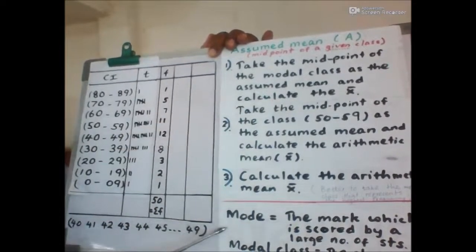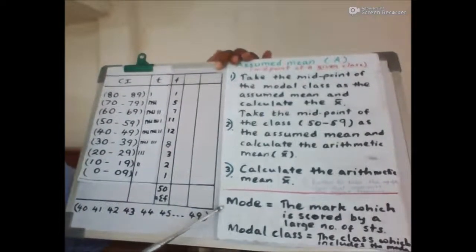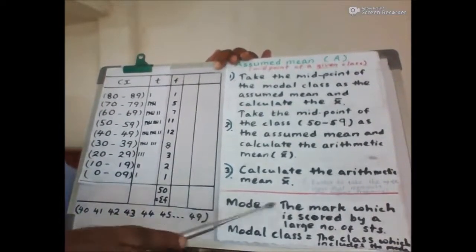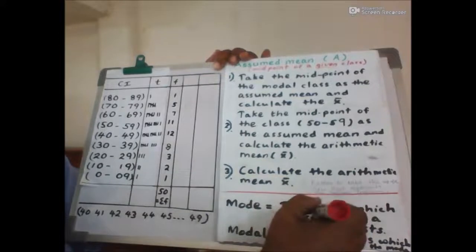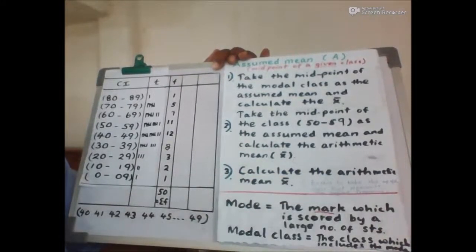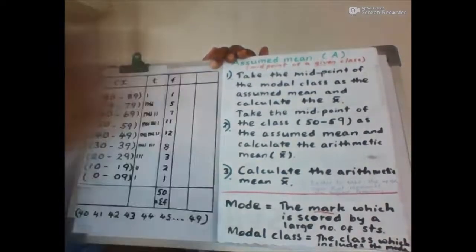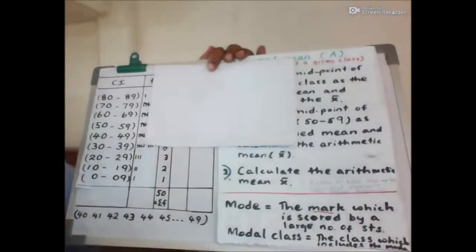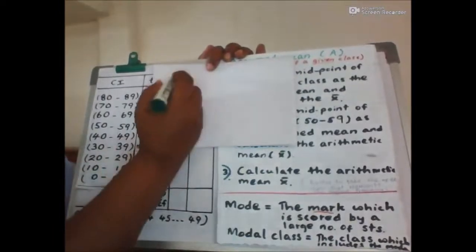Mode, right? In Sinhala, mode is "mate". That means the mark. This is important: the mark which is scored by a large number of students. For example, you can give a small test out of 10 and get marks like these.